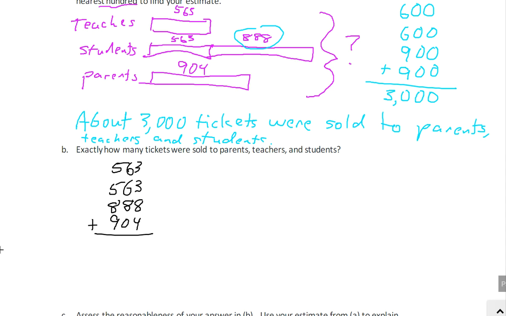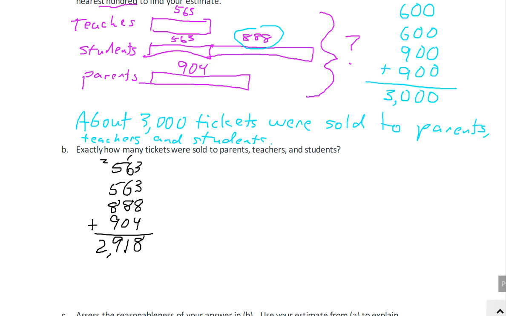Well, we have 6 and 8 is 14, and 4 is 18. Carry the 1. 6 and 6 is 12, 13 and 8 is 21. So now we have to carry a 2. 9 and 8 is 17, and 10 is 27, 28, 29. That's a lot of adding up. And if that's too hard, you could just add 2 of them at a time and then add the other 2 at a time, then add those 2 together. But that's your exact answer.